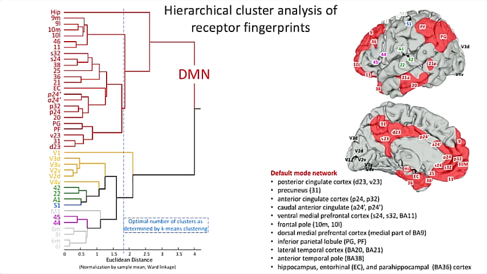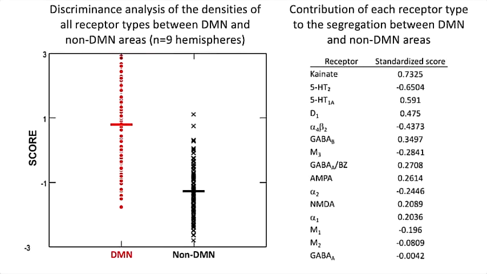This is the default mode system, and this, you see, is on a principally different branch of the cluster tree than all the other systems. Yellow, visual; green, auditory, that's language, Broca, and that's motor. So also in this type of analysis, the default mode system is separated from the rest of the cortex.